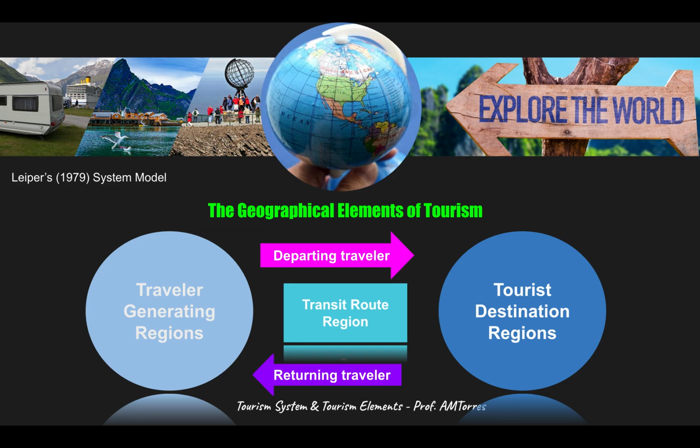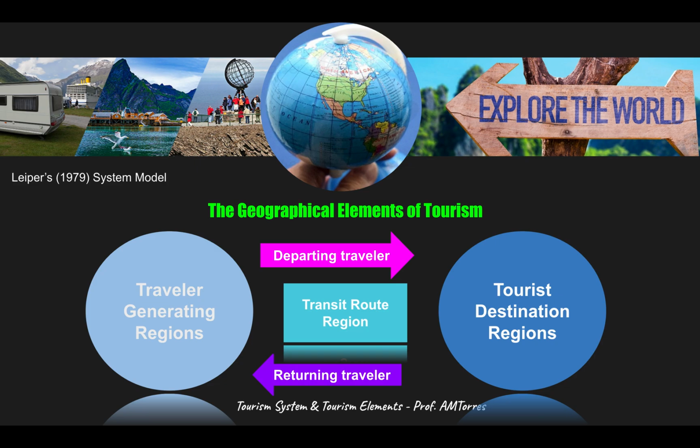Why? Because if there's no return, then we cannot say that the activity is tourism. Because according to the definition, we said that they have to come back. And the maximum stay that they can do is 1 year. But they have to come back.